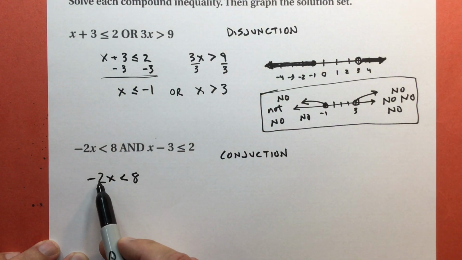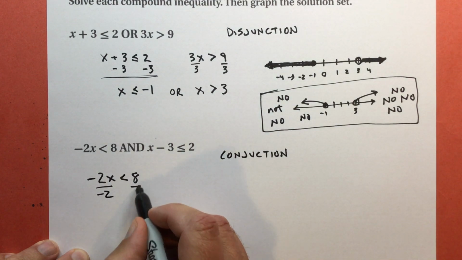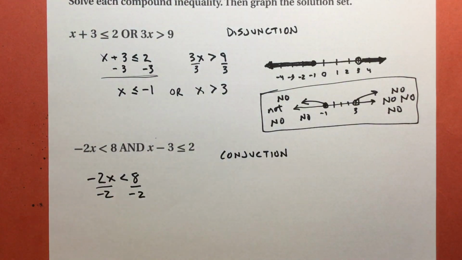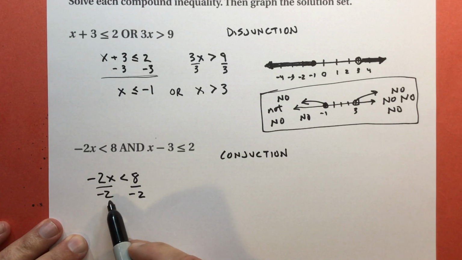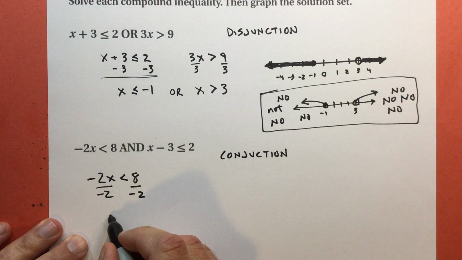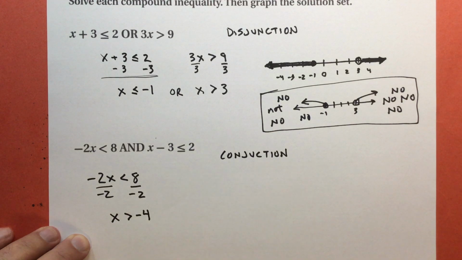I'm multiplying the x by negative 2, so I'm going to divide both sides by negative 2. But I have to remember something when I do this. Remember that when you multiply or divide by a negative, the sign is going to switch. So x is greater than negative 4.